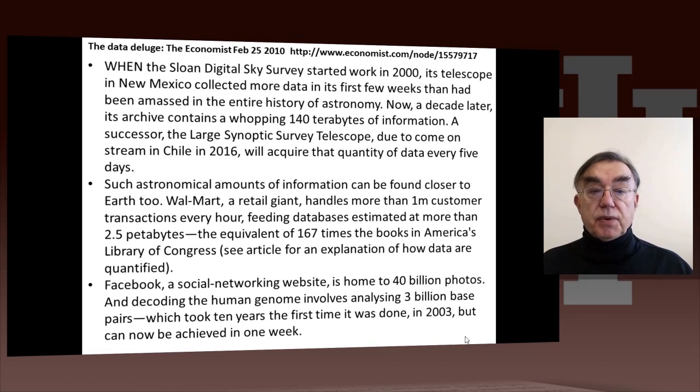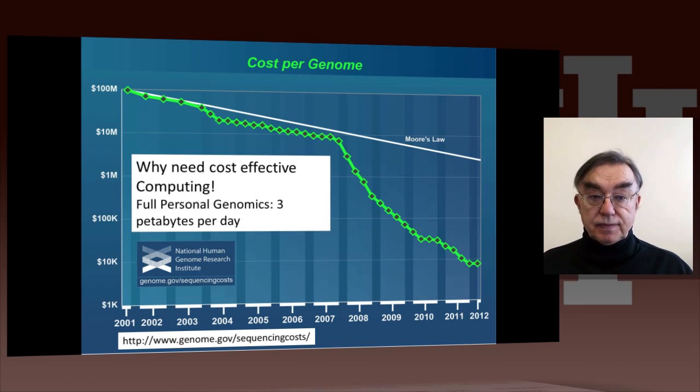So this is just pointing out that the devices and processes that produce data are getting far more effective every day. Here is an example related to the genome, and it plots the cost per genome.